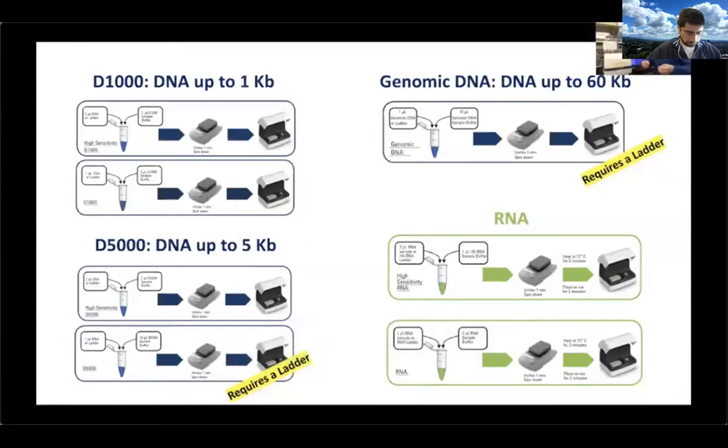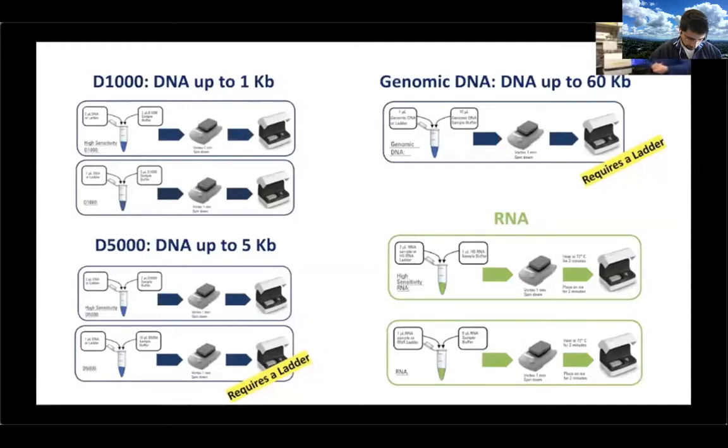When do we use this? We usually use this at the very end of the library preparation to check the final libraries, or at the very beginning of the library preparation in case we are dealing with a DNA sequencing experiment, to check, for example, the fragmentation produced by sonication. Okay, so if we want to check whether genomic DNA has been fragmented correctly in the size range that we want, then we use the D1000 screen tape.